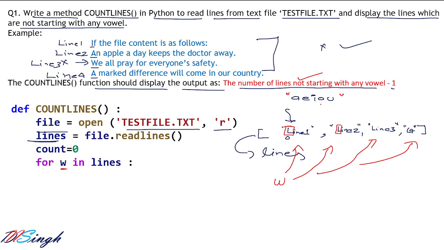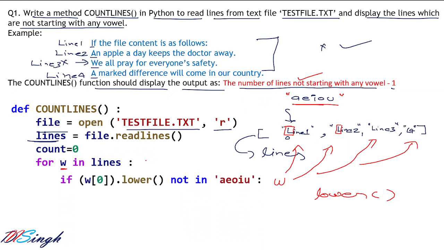So what we can do, we need to use a string function that is called lower, to first convert the case of this particular letter into lowercase, then we can compare. So if it is in uppercase in the file, does not matter, that does not create any effects. Let us write the if condition. So what it is saying?